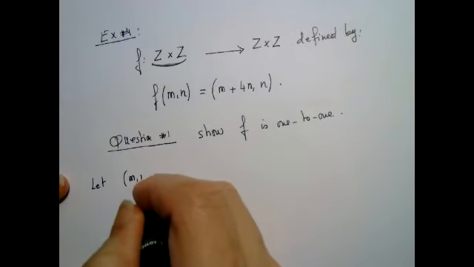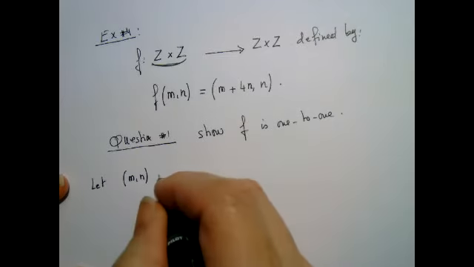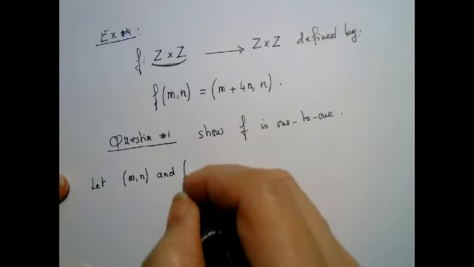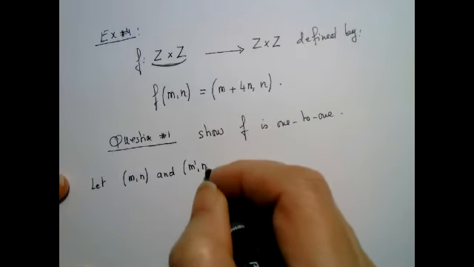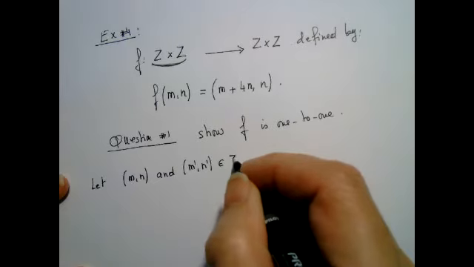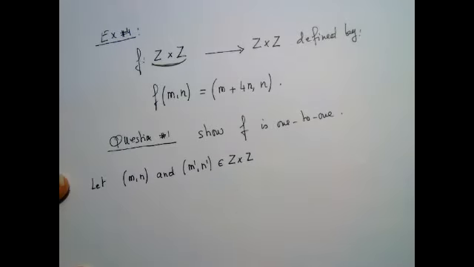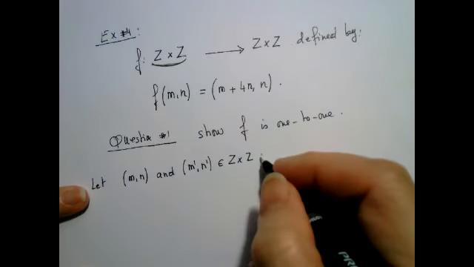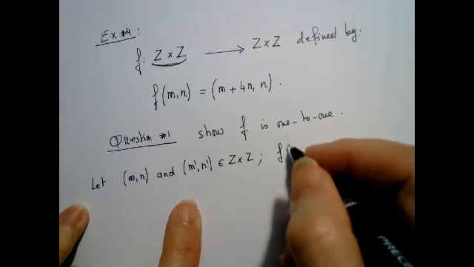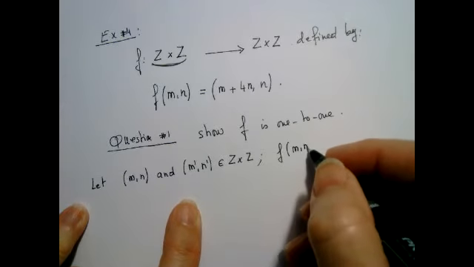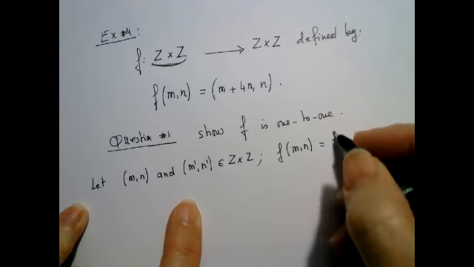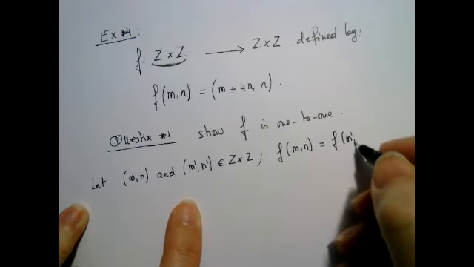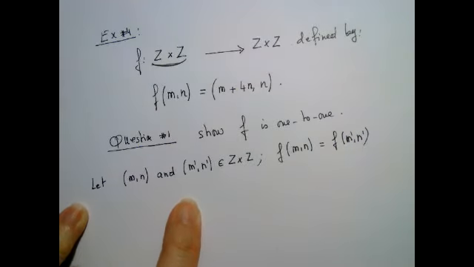Let (m, n) be one element and (m prime, n prime) be in z cross z, two elements in the domain. And I want them to have the same output, so f maps them to the same thing. That's how we start the proof.